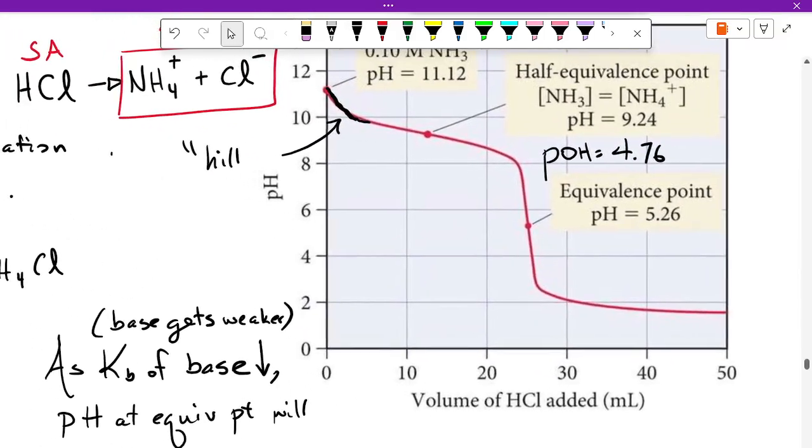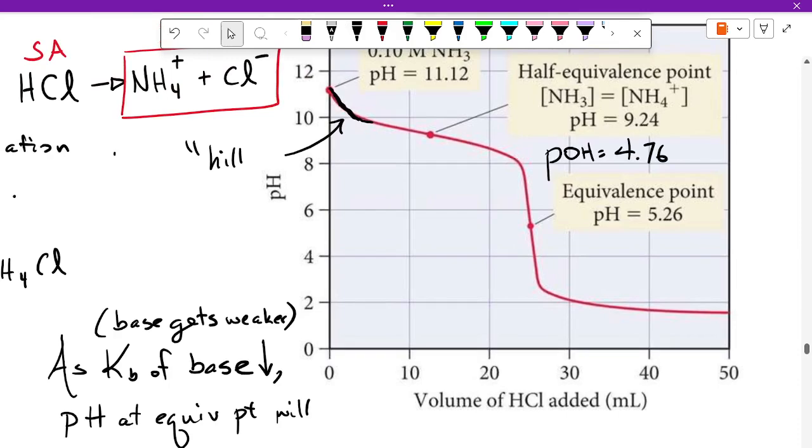And let's quickly find the Kb of NH3. Can you guys find the Kb for NH3? Where should you be looking? In your book. What should you be looking up? The Ka of the conjugate acid.